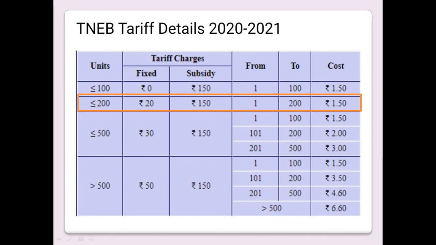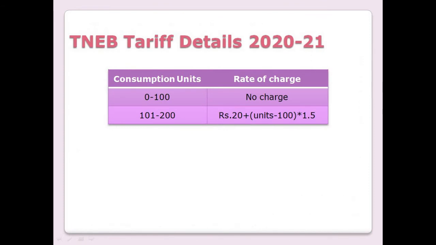That is, the first one is the cost for the initial 100 units, and the next is the cost for the units exceeding the 100 units, so that it equals Rs 20, the fixed charge, plus 0 into 100, the cost for initial 100 units, plus (units minus 100) into 1.5, that is the cost for the units exceeding the 100 units. So the charge is simplified as Rs 20 plus (units minus 100) into 1.5.